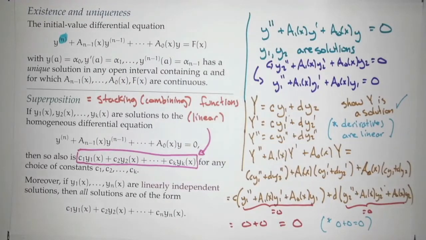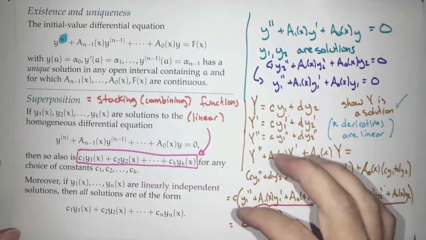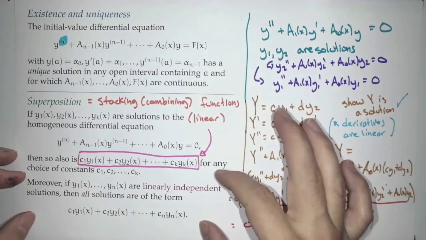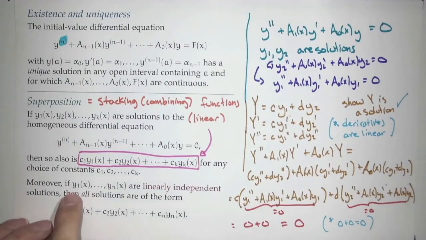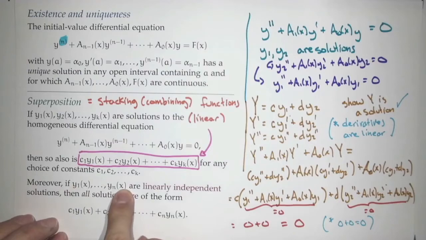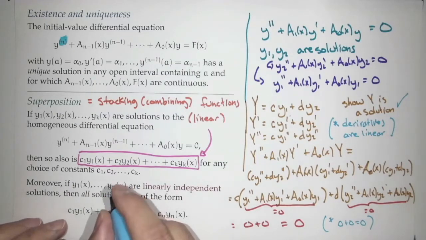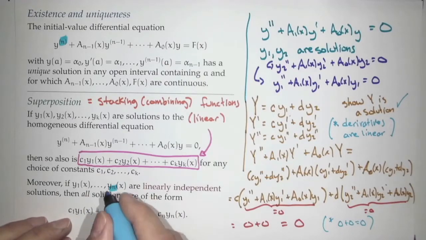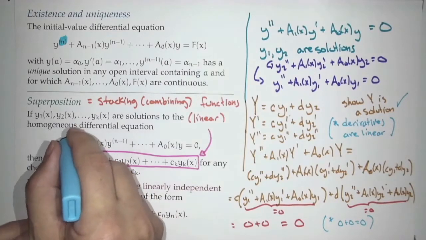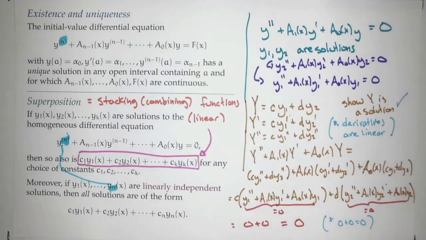Well, this is great. This says if we have solutions, we can make more solutions. But now there's this really cool statement, and we haven't said it yet, but it's an important one. Suppose you have n solutions. I really want to point out that this n says you have n solutions, and it matches the order of the differential equation.